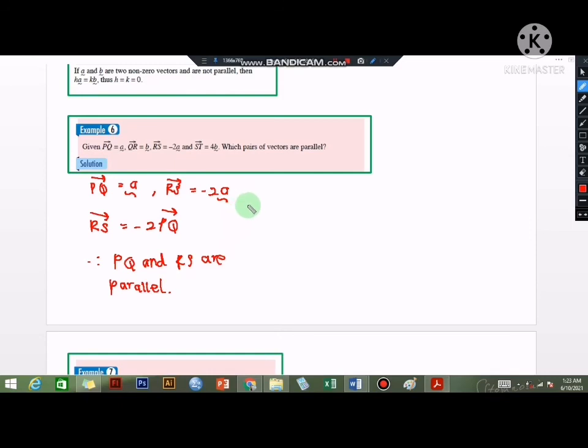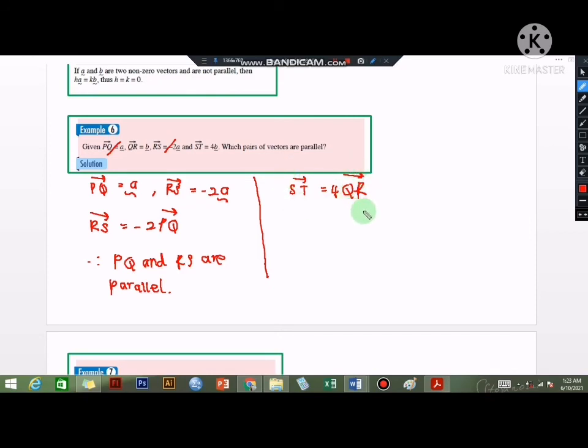Let's look at another one. This one we did already: we paired PQ and RS. So let's look at QR and ST. Vector QR is equal to B. Vector ST is equal to 4B. B represents vector QR, so ST is 4 vector QR.